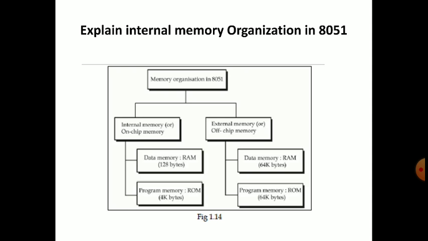We have internal memory or on-chip memory of data memory, that is RAM of 128 bytes and ROM of 4 kilobytes, and the external memory or off-chip memory, that is the data memory RAM of 64 kilobytes and program memory, that is ROM, it is also 64 kilobytes.